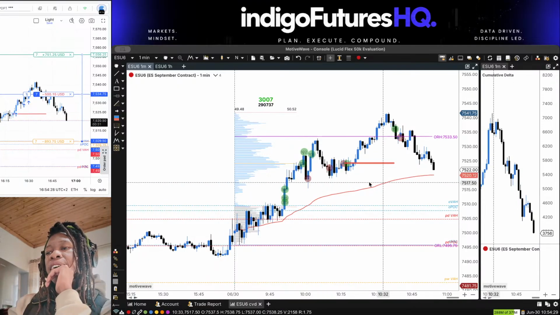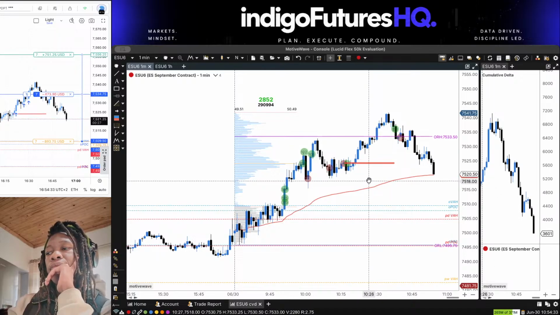Overnight value area high. Here we go, VWAP.